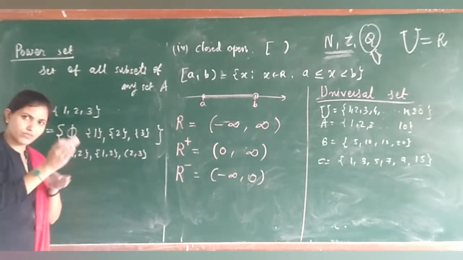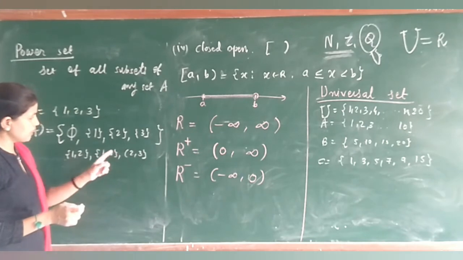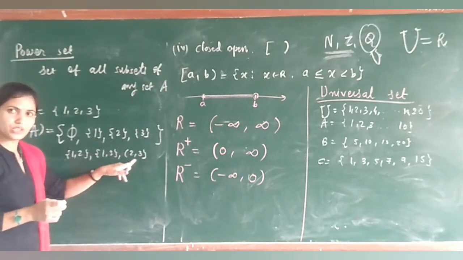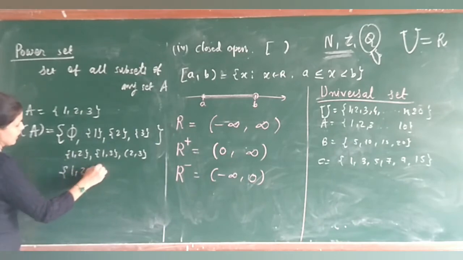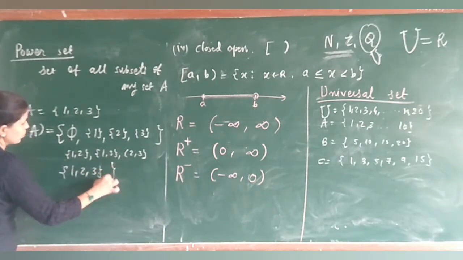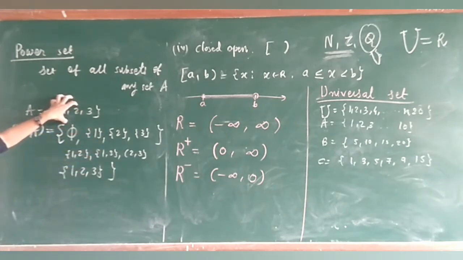Should I write down 2 and 1? 2 1 will be same as 1 2. Okay. Similarly, 3 2 will be same as 2 3. So this and 1 2 and 3. So this is the set of all the subsets of A.